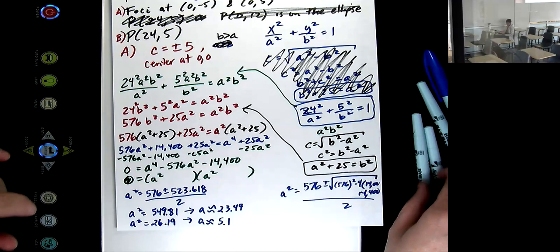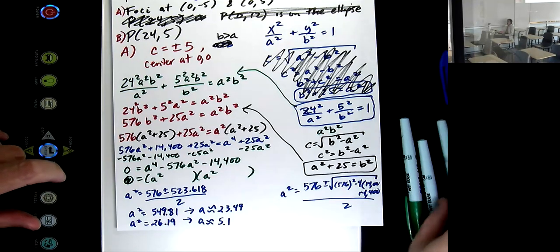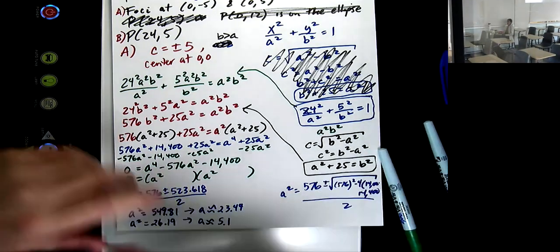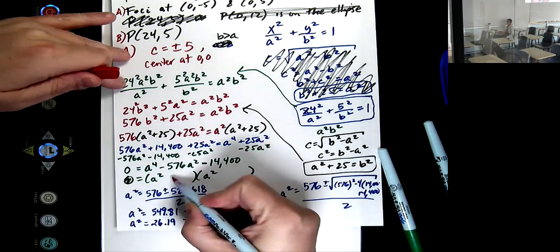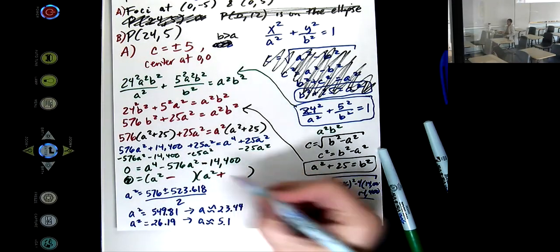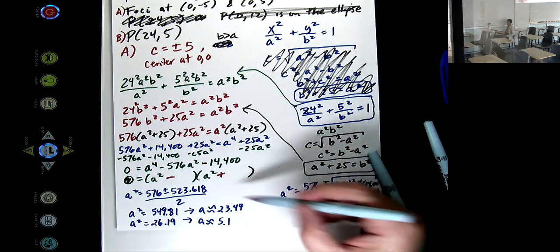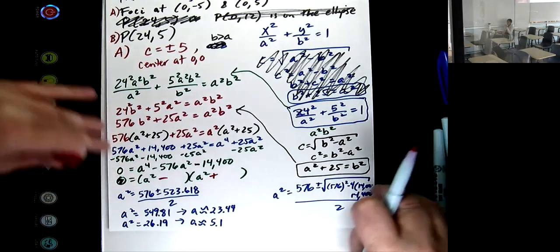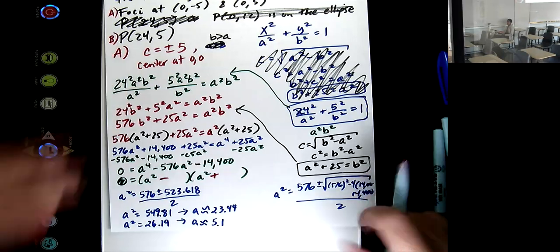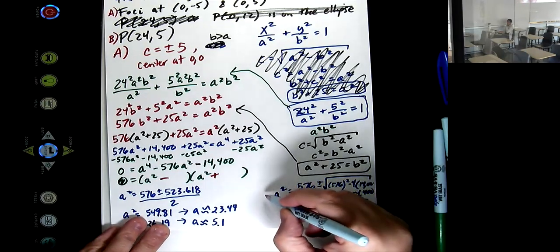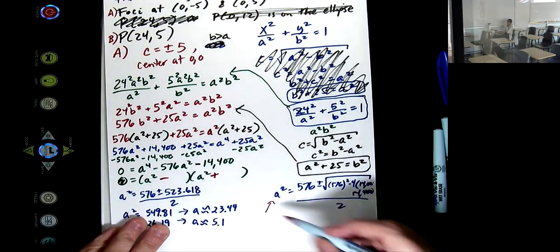But something is wrong, because to end up with a negative number here, one of these has to be negative and one has to be positive. And I don't have that, which means I screwed up somewhere in this. There's an error in there.